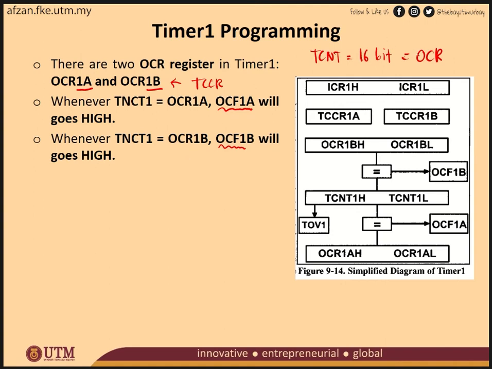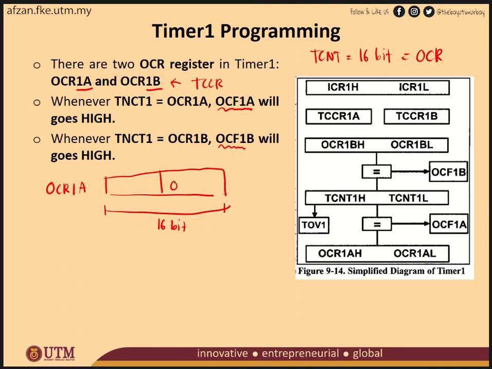Again, since your OCR is a 16-bit register, OCR1A and OCR1B also have 2 bytes. For OCR1A, since this is 16-bit, you can divide it into 2 bytes.